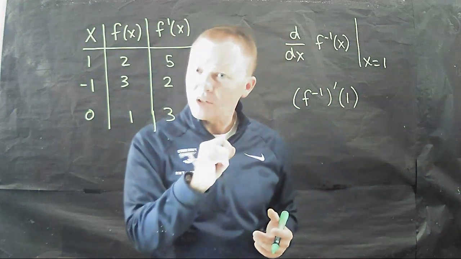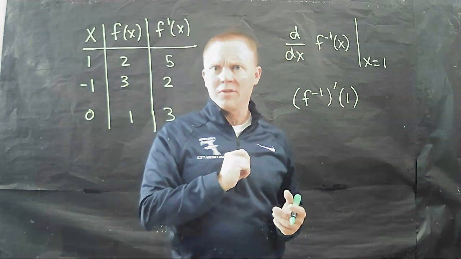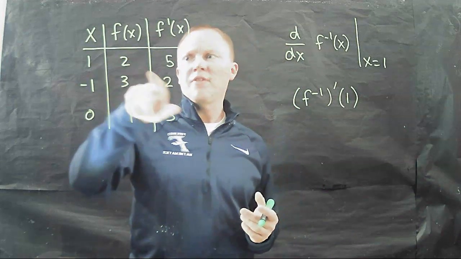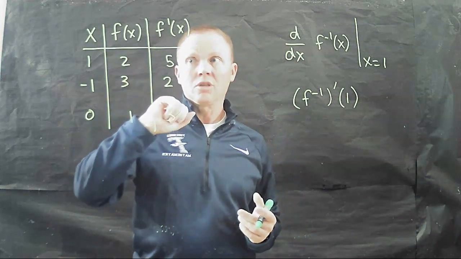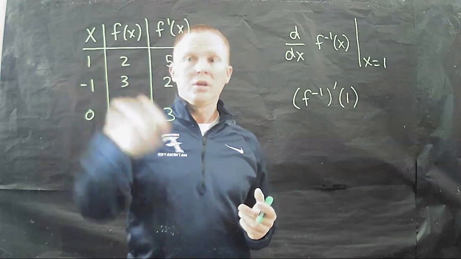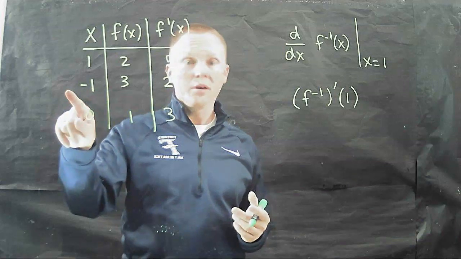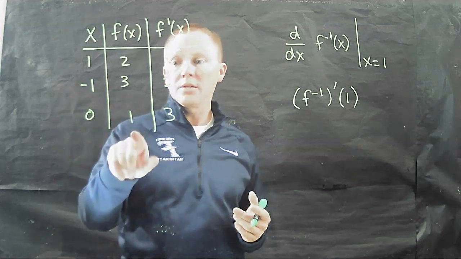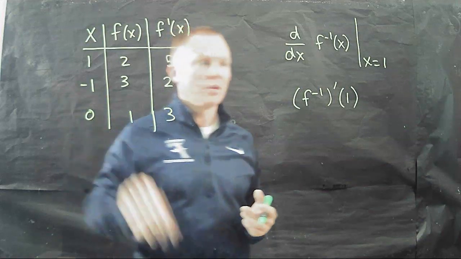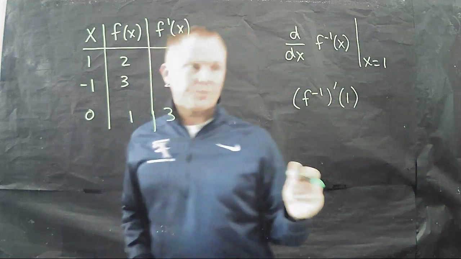But if you actually understand inverses, you do have a table of f inverse values, because you have f inverse of 2, which is 1. You have f inverse of 3, which is negative 1. And you have f inverse of 1, which is 0. So, here we go.